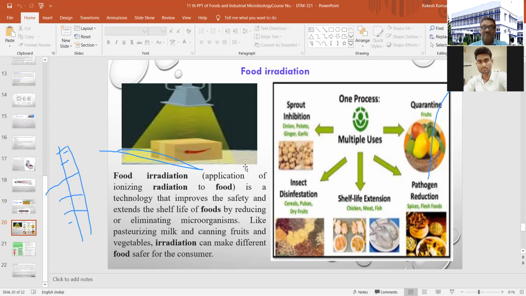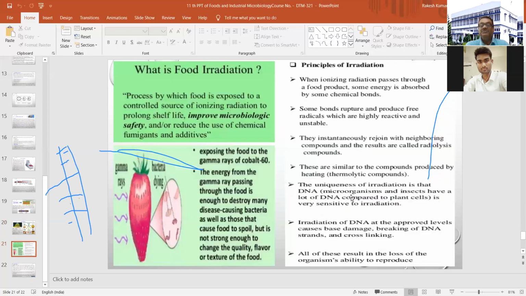Like pasteurization of milk and canning of fruit and vegetables, irradiation can make different foods safer for the consumer. You can use this method for sprout inhibition, insect disinfection, shelf life extension, and pathogen reduction. So just by using one method, you can get multiple effects in your final product.